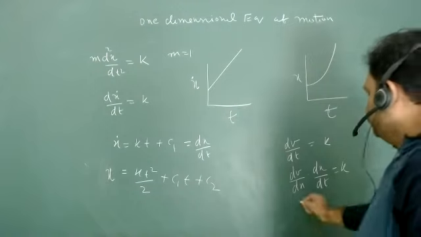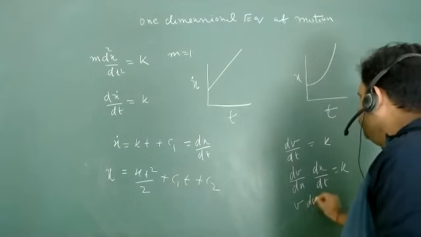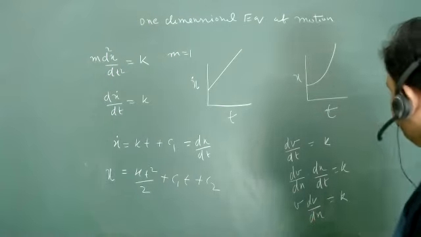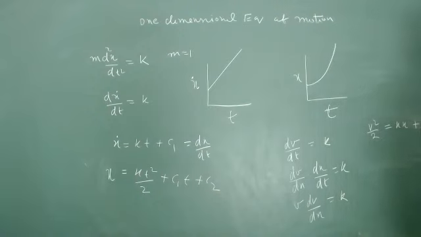Again, dx upon dt is v, that is nothing but x dot. So v dv upon dx is equal to k, and when we integrate it, we have v square by 2 equal to kx plus some constant c, isn't it? This is our relationship between v and x.